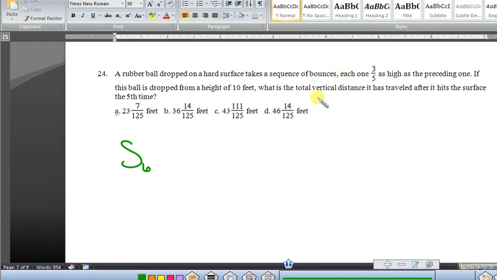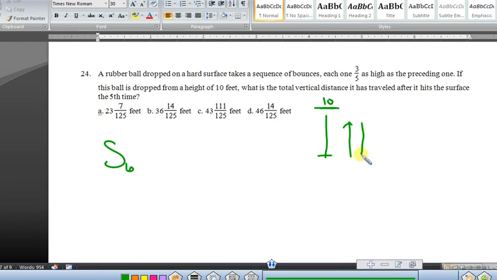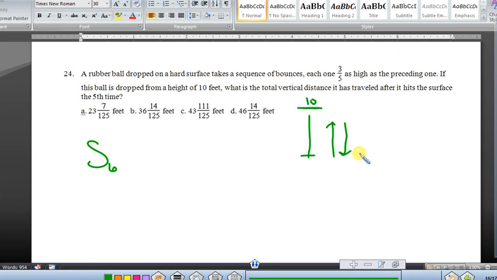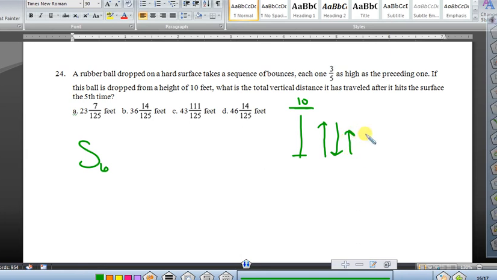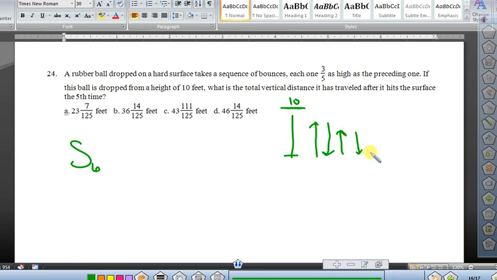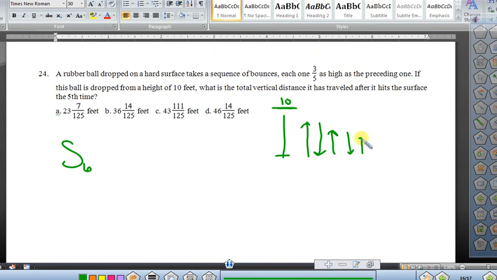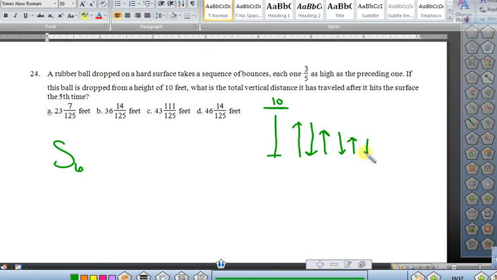You're starting out at 10 feet, so let's call this 10, and it goes down, hits the ground, goes up, doesn't quite go back up to 10 feet, so it goes back up, then it hits the ground twice, goes back up, hits the ground again, goes back up, and hits the ground again.